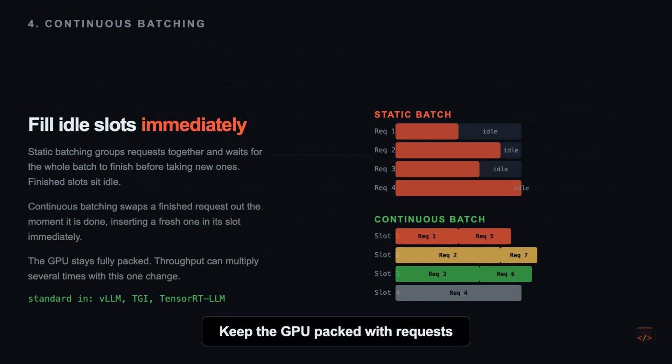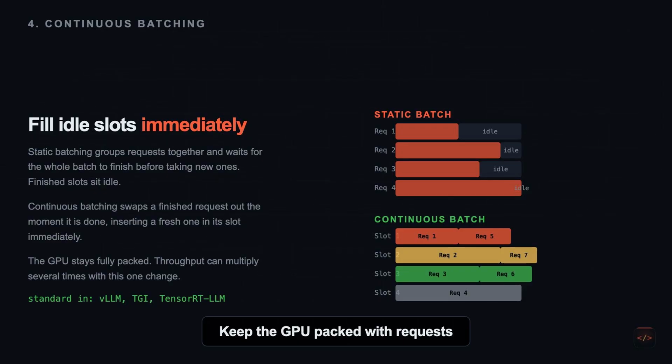Since decode leaves the GPU waiting, the fix is to keep it busy with many requests at once. That is batching. Process multiple users' tokens together in one pass, sharing the cost of loading the weights. Naive static batching has a flaw though.